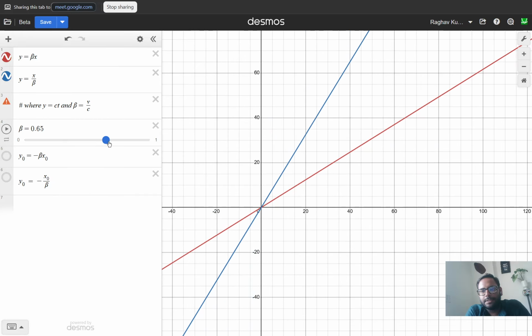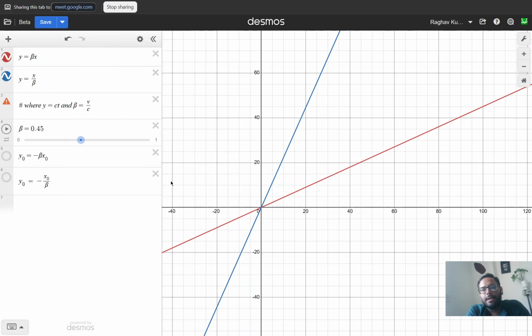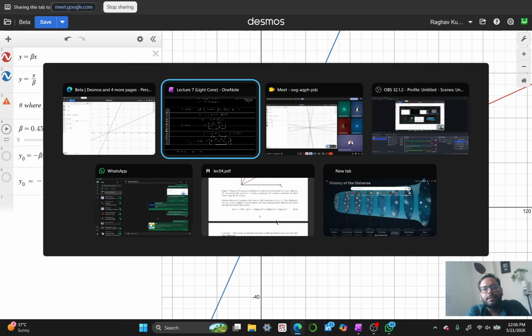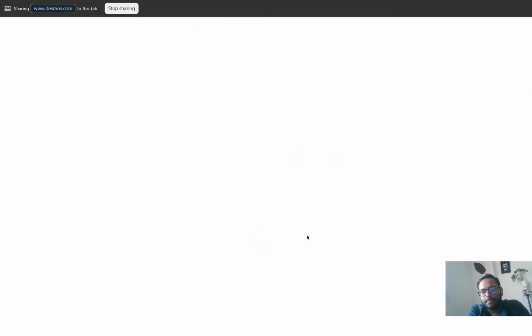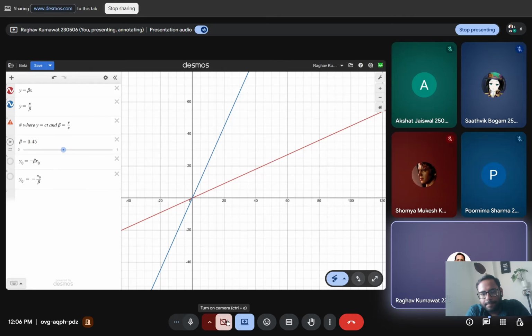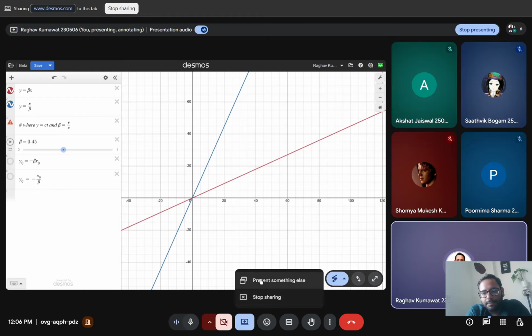You can just see how the axes of the S prime frame evolve as I increase beta. So let's come to something else.